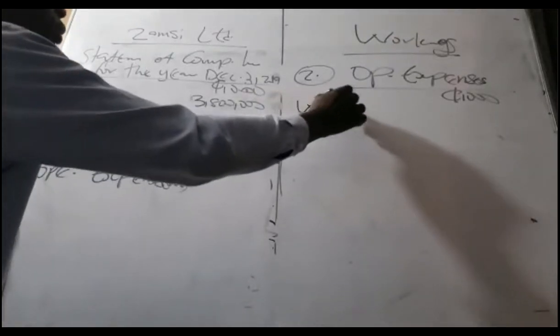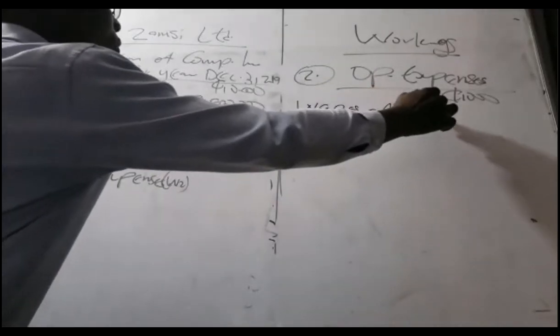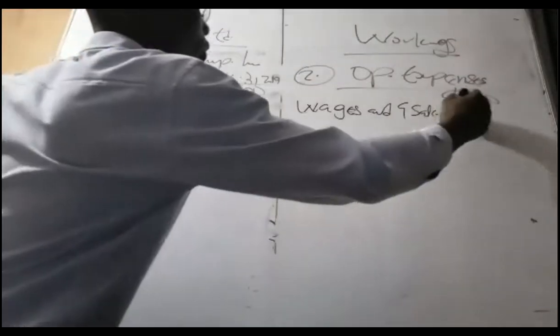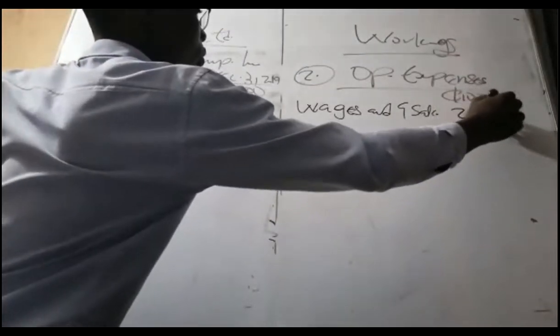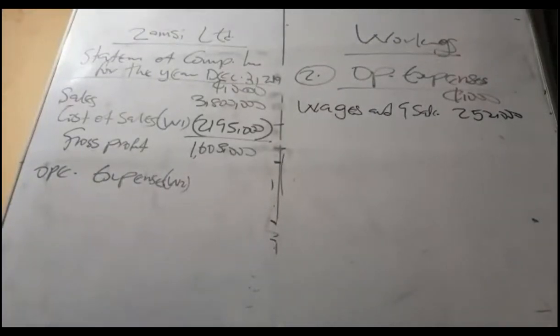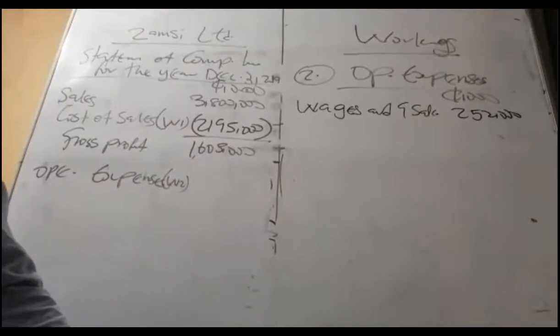So wages and salary, that's 252,000. Wages and then salary, 252,000. So that's the figure.